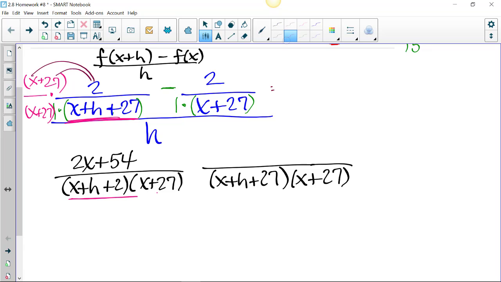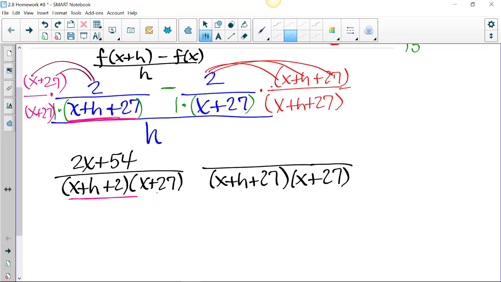Okay, similar process over here. I have the x plus 27. I'm missing that factor of x plus h plus 27. So I once again multiply top and bottom by that, or by a form of 1, so I'm not changing its value. And yes, we have to distribute the 2 to all of those. So that becomes 2x plus 2h plus 54. And then don't forget, we are subtracting.